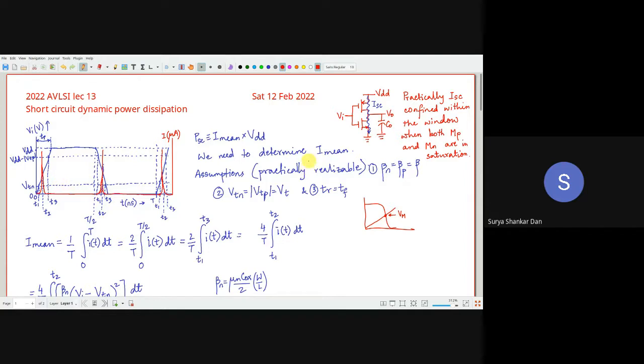And obviously if you want to find out the instantaneous power consumed at that Vm point, you are going to have the maximum amount of power consumption because the current is the maximum. Vi is exactly equal to VDD by 2. Understood? So this is what defines one term which you might have heard before.